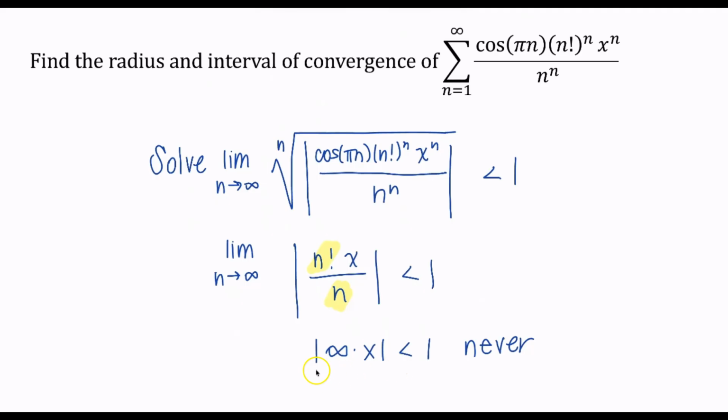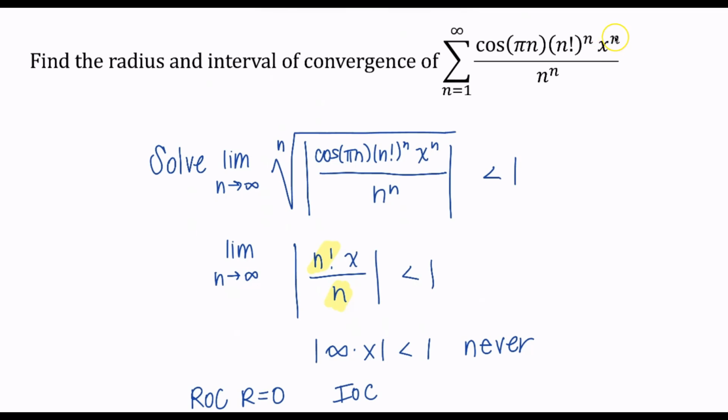And so what do we say about the radius and the interval of convergence? Well, the radius of convergence is just 0. And then the interval of convergence is a single number: whatever the center of the power series is. So let's go back up to the power series for a second.